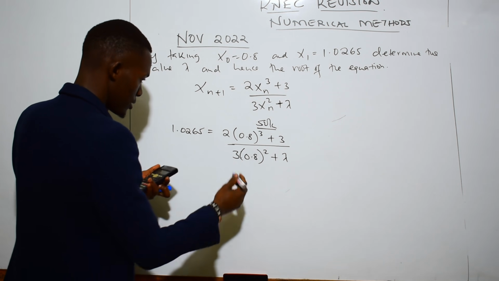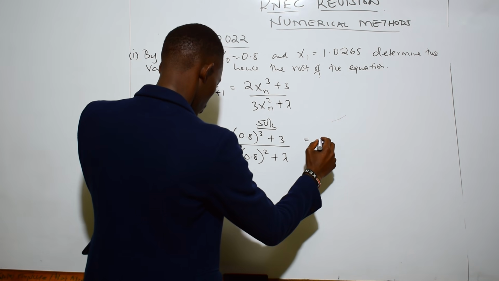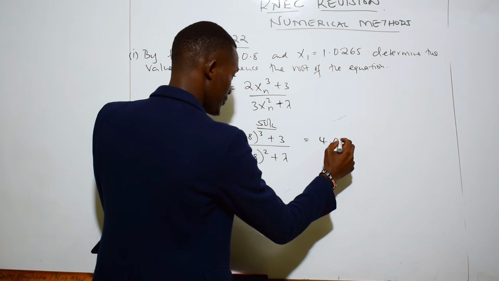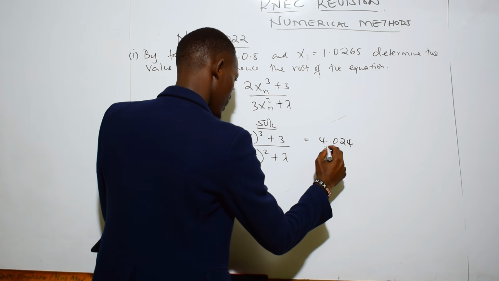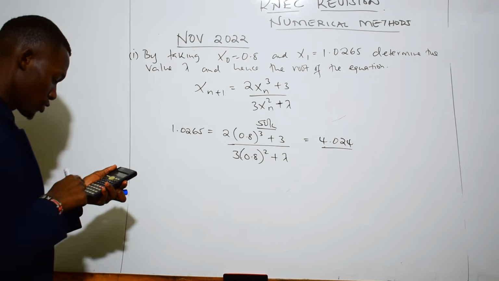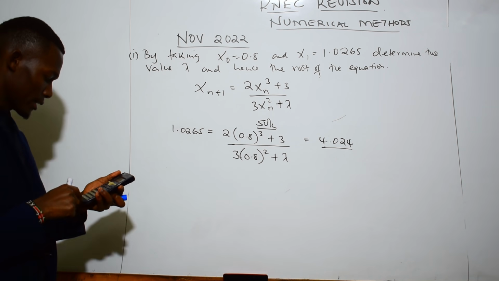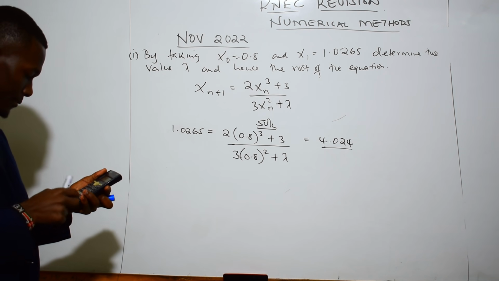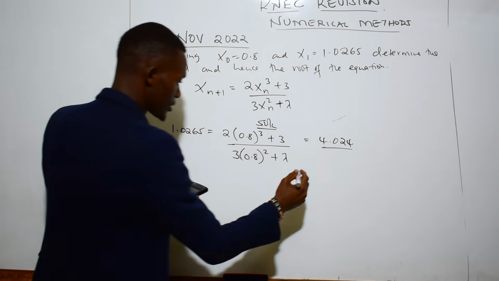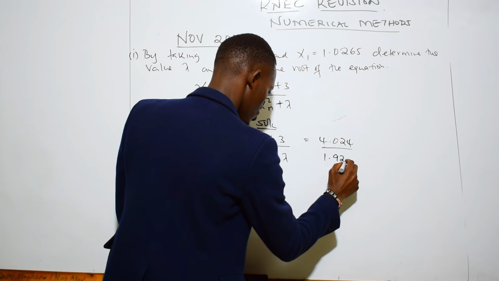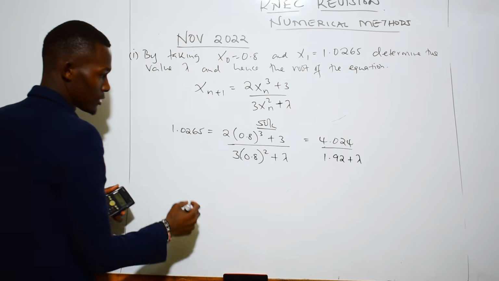So the numerator here will give you 4.024. Then the denominator, that is 0.8 squared, then you multiply by 3, which gives you 1.92, plus lambda.